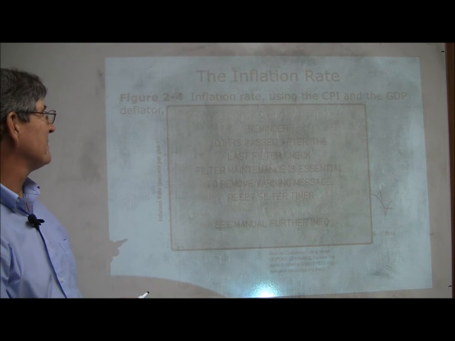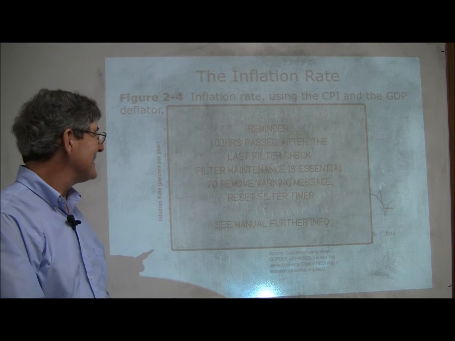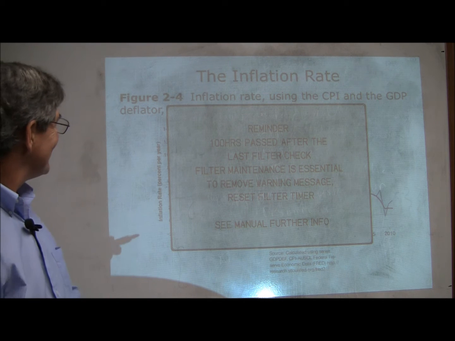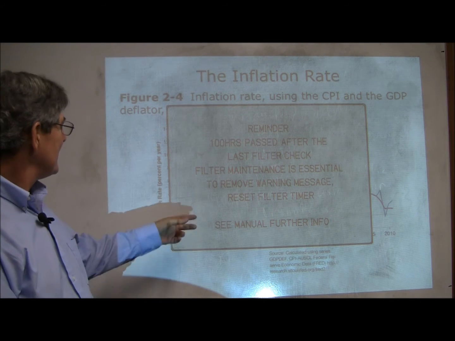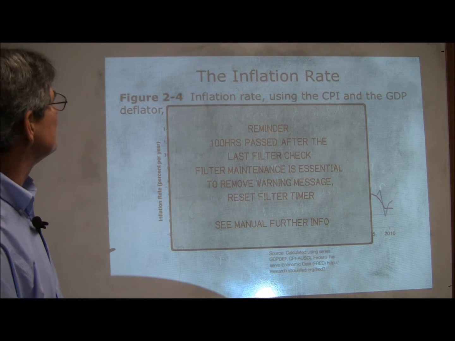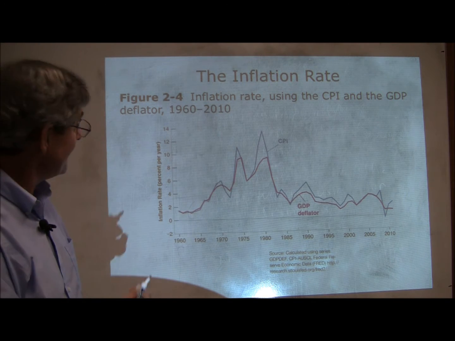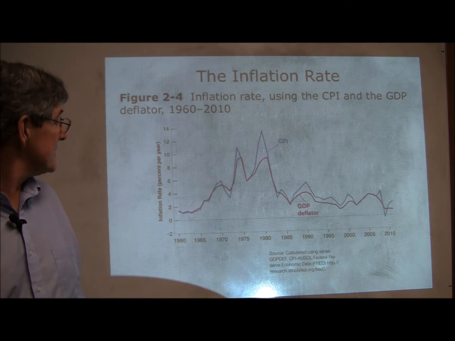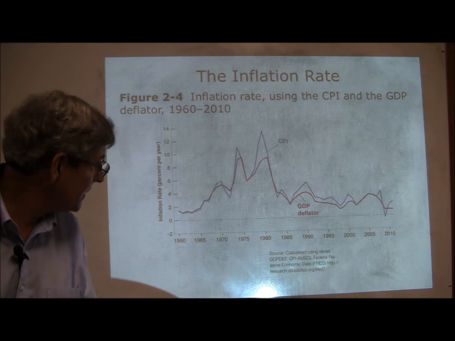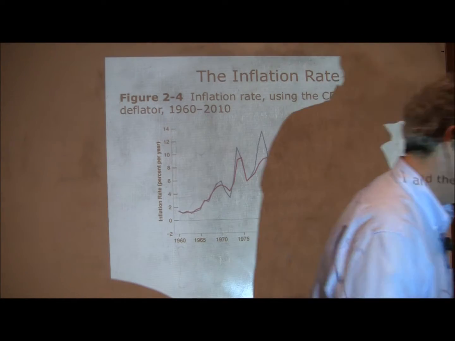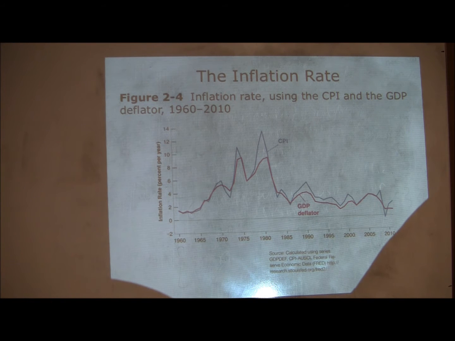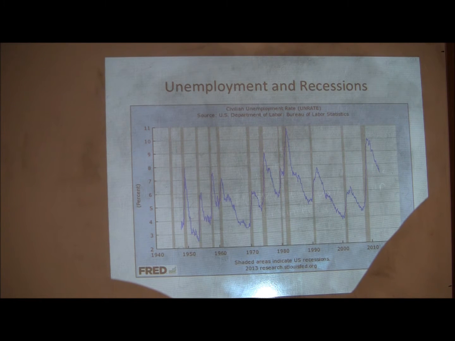Each time I turn this on, I should probably just have the filter check. This is not my overhead. This will go off in a second. Let me turn the lights off first, and maybe we can see this a little better. Oops, this is not what I wanted. Sorry. There we go. This is what I wanted.